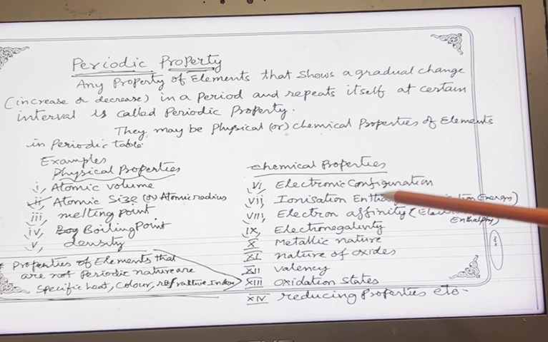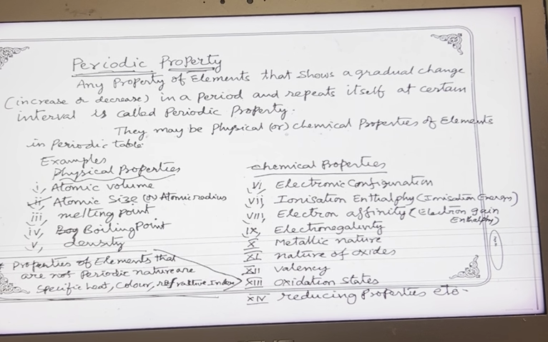What are the chemical periodic properties? Electron configuration, ionization enthalpy, electron affinity or electron gain enthalpy, electronegativity, metallic nature, nature of oxides, valency, oxidation states, reducing property. Generally, in bits for NEET, the question is which property is not a periodic property of elements.